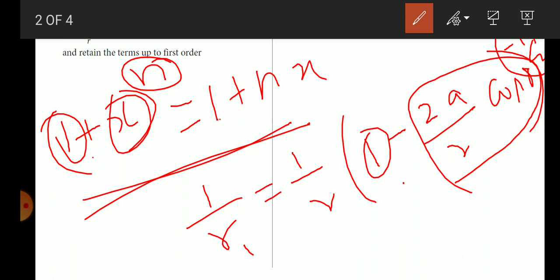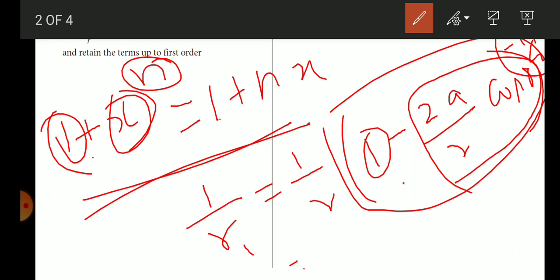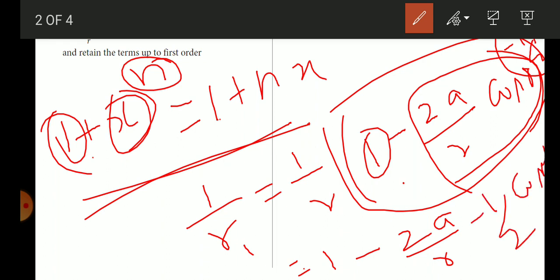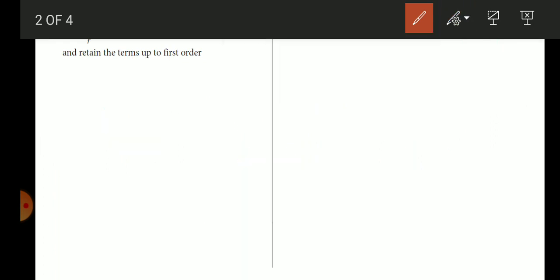When I substitute here, I get 1 minus 2a by r, and substituting the n value, minus 1 by 2 cos theta. Then this 2 and this 2 get cancelled, and minus into minus becomes plus. So 1 by r1 is equal to 1 by r, 1 plus a by r cos theta. This is the 1 by r1 value.